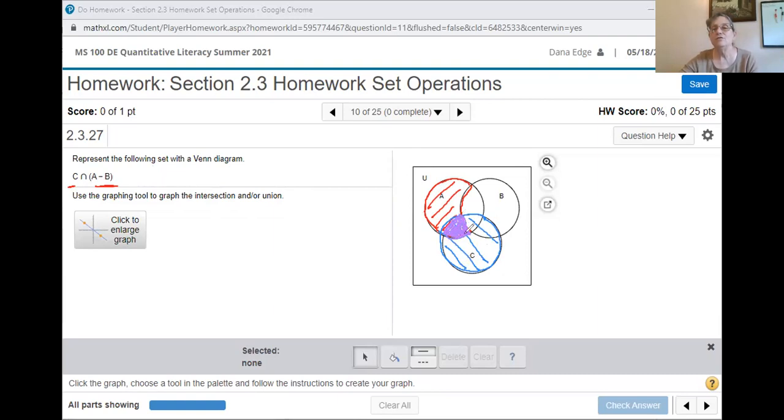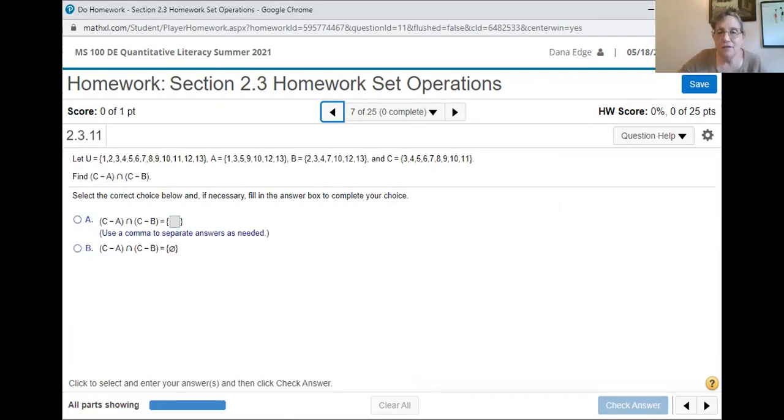So what I would have to do would be to erase everything here and then come back and color in just this little part.